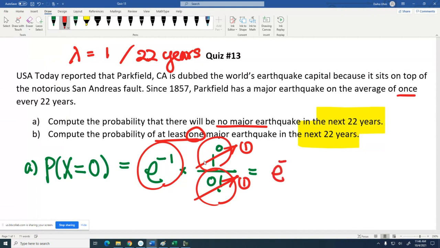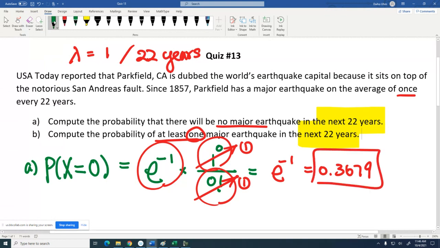So it will be the same as e to the negative 1. So how much was e to the negative 1? Anybody? 0.3679. Okay, good. Now then, at least.